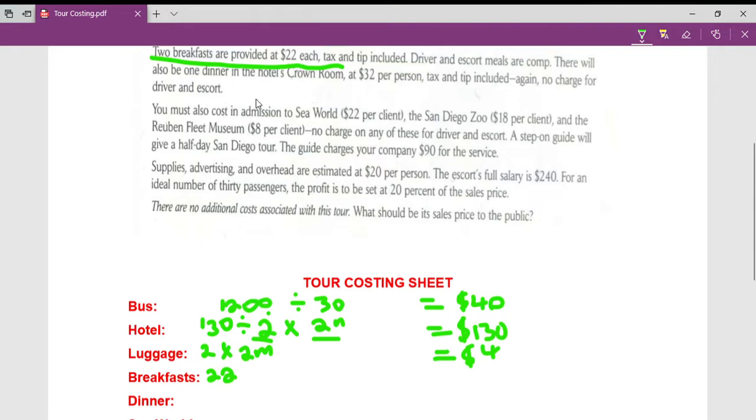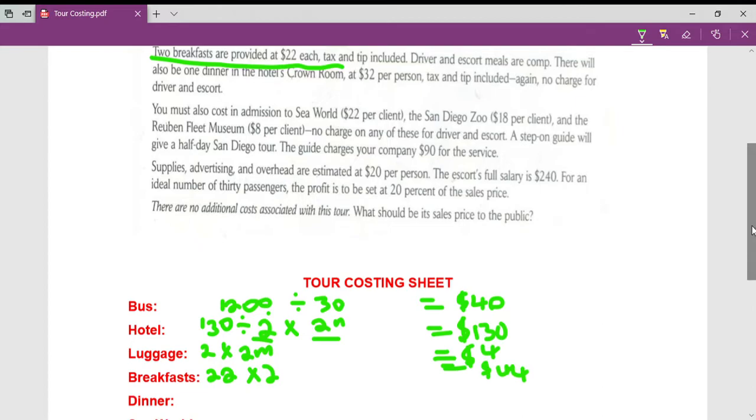So you literally have breakfast 1, which costs $22, and you also have breakfast 2, which costs $22. So you basically times that by 2, and that will give you your answer there, which is 44. So each breakfast will cost 22, and therefore the clients are going to get 2 breakfasts, meaning it is 44.